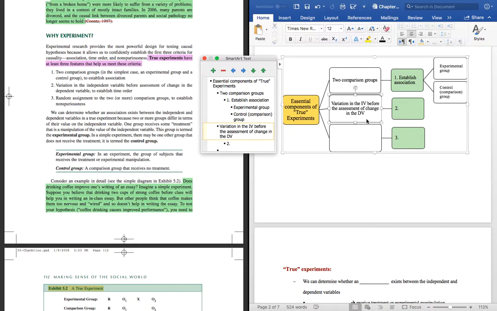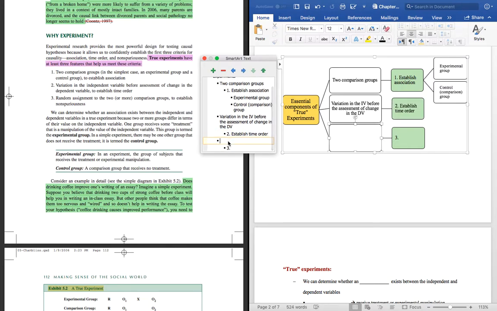So before we assess any changes in our outcome or in our dependent variable, we need to see changes in our independent variable first. And this is to establish time order.